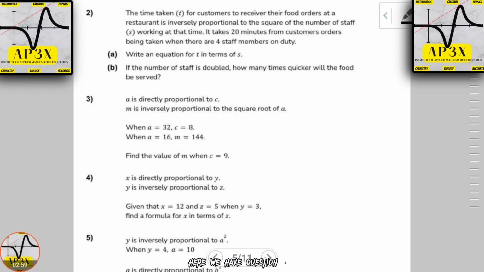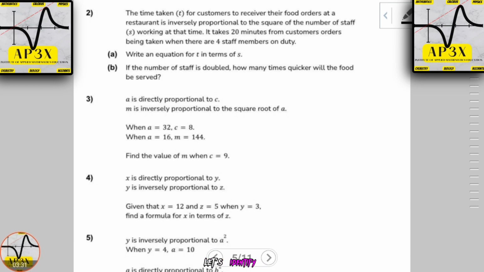Here we have question 2, a worded problem with a little bit of switching up with the relationship between the variables and the letters. Okay, so here we have the time taken T for customers to receive their food orders at a restaurant is inversely proportional to the square of the number of staff S working at that time.